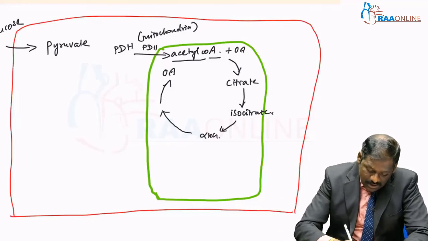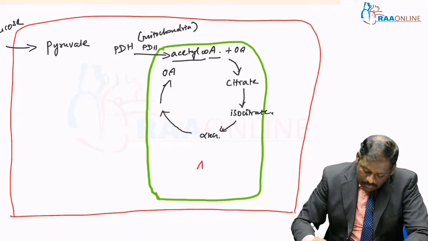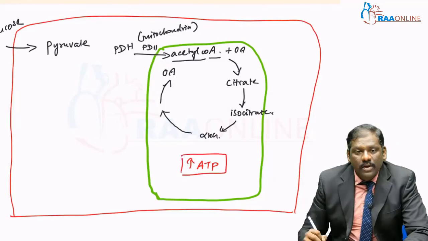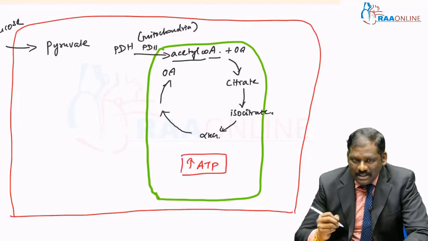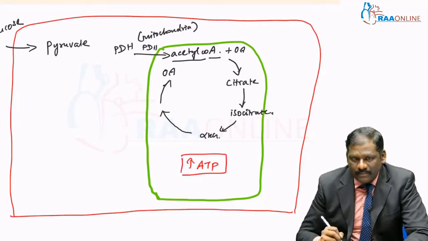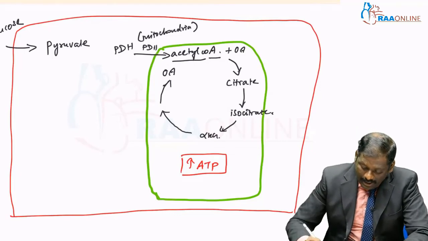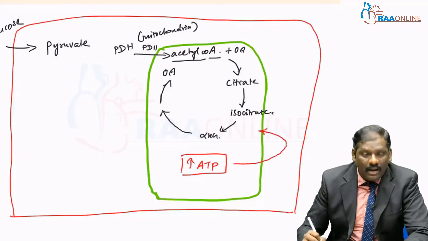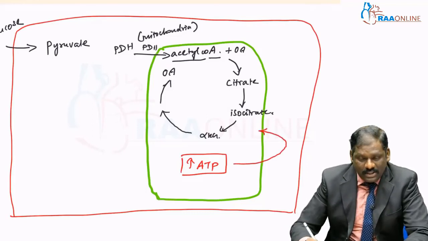The ultimate product is ATP, high ATP. So whenever your cells are high in ATP, it means what? This high ATP will try to inhibit isocitrate dehydrogenase.